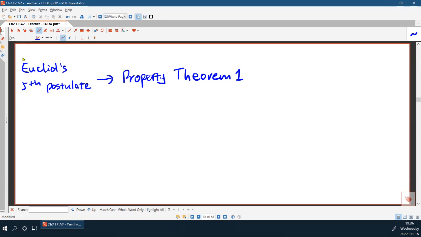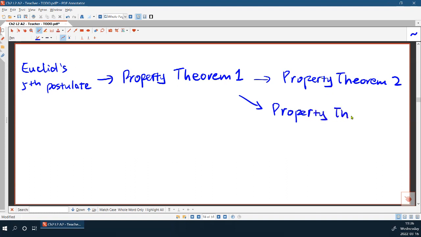The only tools we have are Euclid's 5 postulates. And using Euclid's 5th postulate, we have proved property theorem 1 is actually correct. And then based on property theorem 1, we have proved property theorem 2, right? And also based on property theorem 1, we have also proved that property theorem 3 is correct.